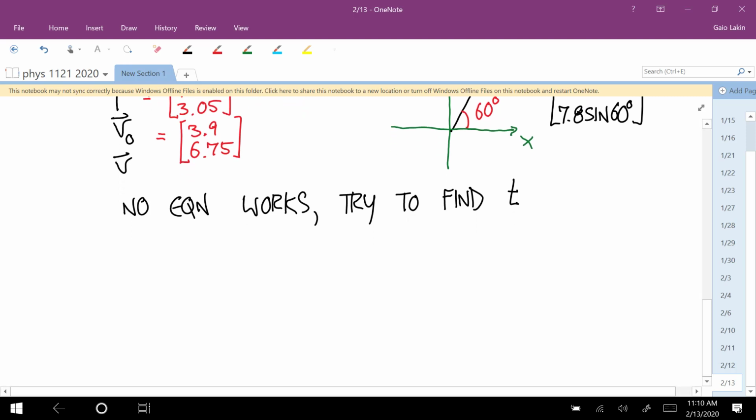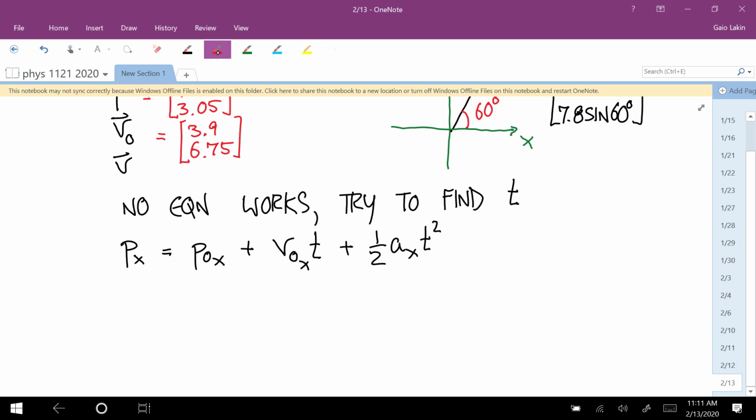The one that's going to work in this case is Px is equal to P0x plus V0xt plus 1/2 axt squared. Ax is 0, so this goes away.